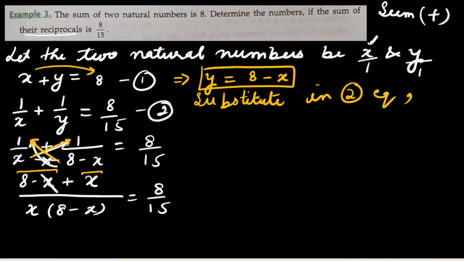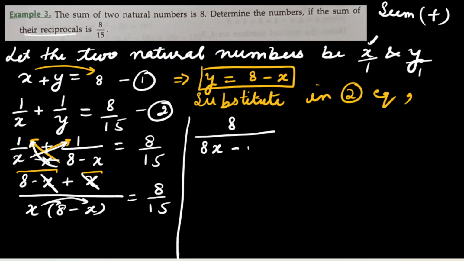Now here minus x and plus x will get cancelled. So what are we left with now? Only 8 in the numerator, and here let's multiply. So 8 into x is 8x, minus x into x is x square, which is equals to 8 by 15.